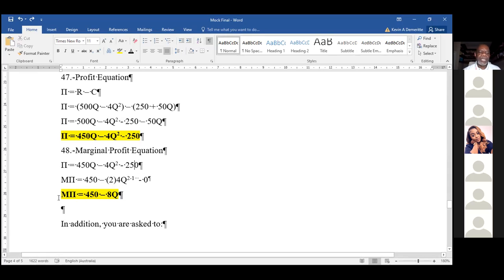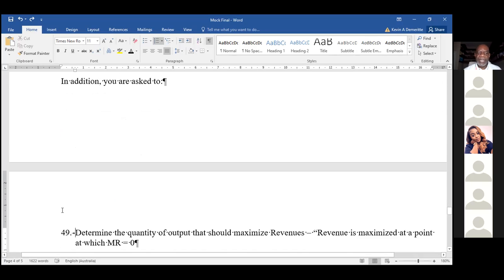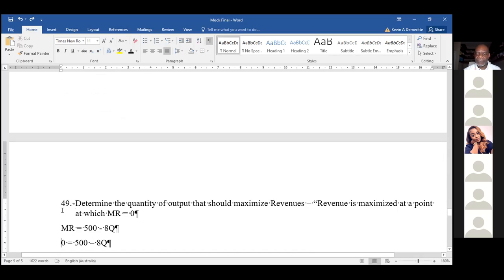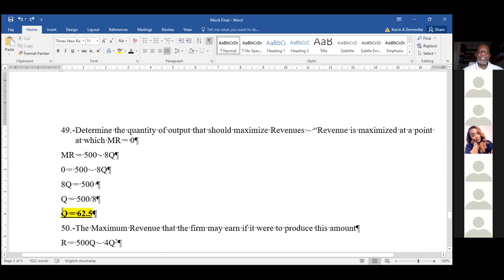So we end up with a marginal profit equal to 450 minus 8Q. Rule number 2, rule number 3, rule number 1. So now we have all these equations they're asking us for. In addition, they want us to determine the quantity of output that should maximize revenue.